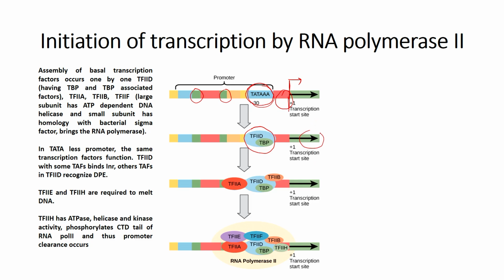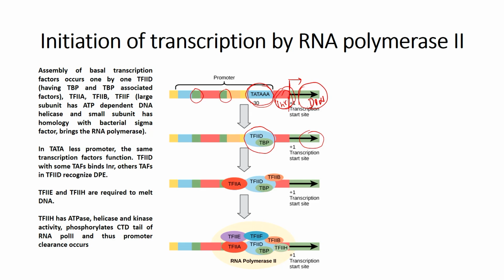That is called the downstream promoter element. So if the TATA box is not there, they are called TATA-less promoters. There, this region plus some region in the downstream part becomes important. So DPE is in this region and INR means initiator, that is there. So this is the whole complex that is formed.